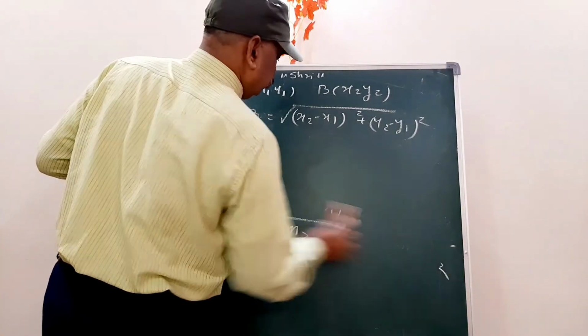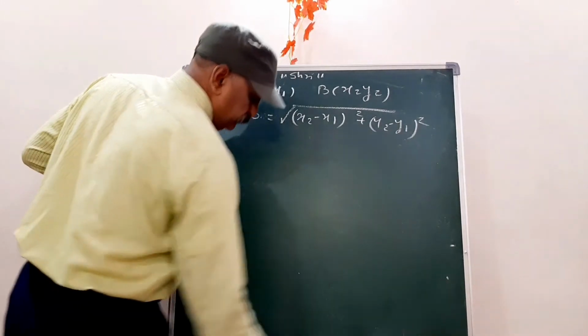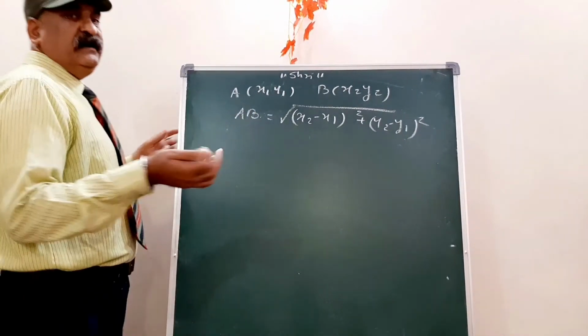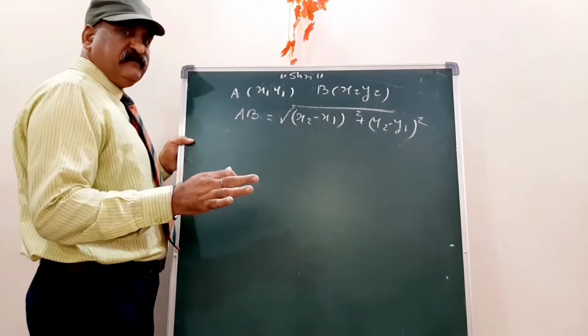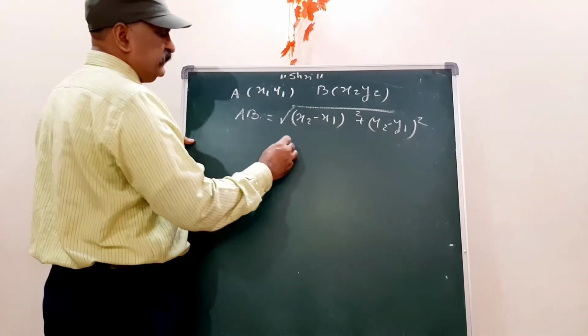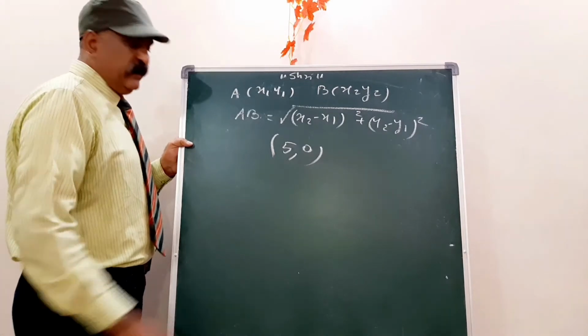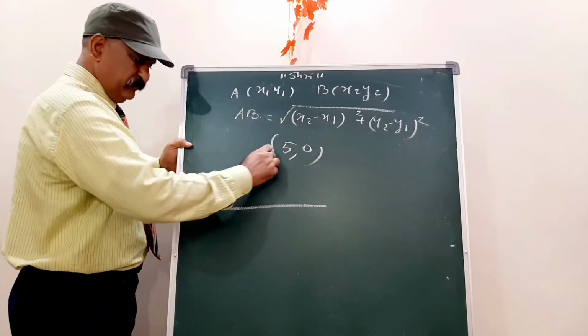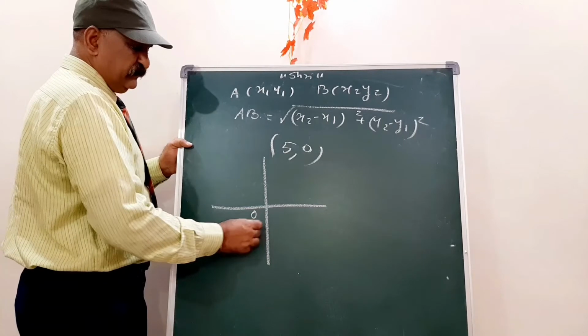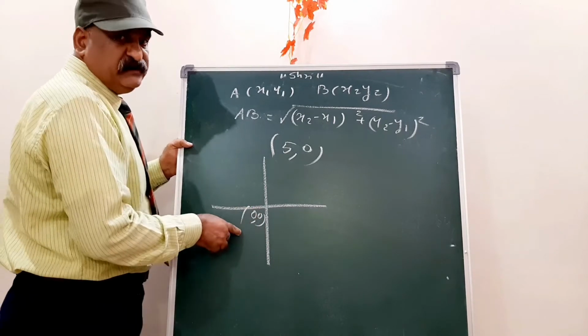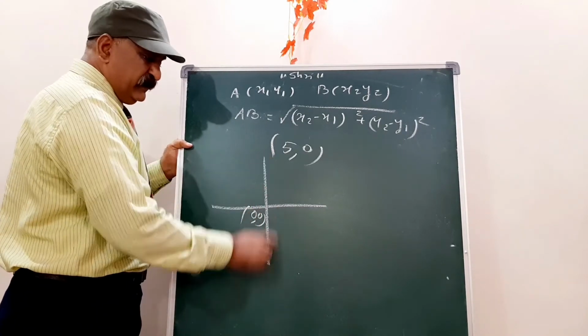Now, suppose the point lies on the x-axis. It means suppose this is the point 5, 0. This is 0, 0. This is called the origin. This is called the vertical line.